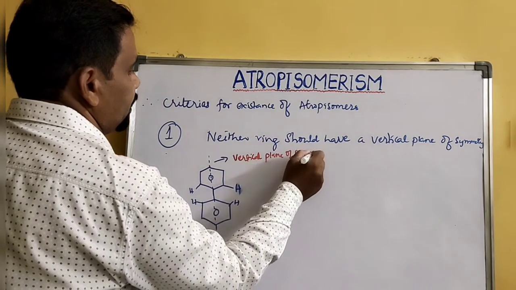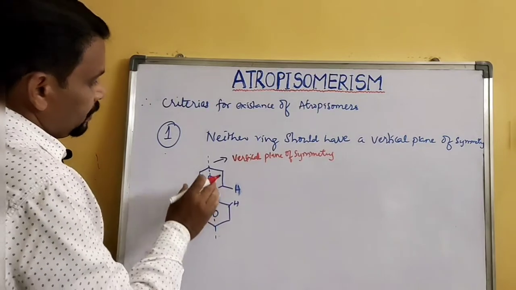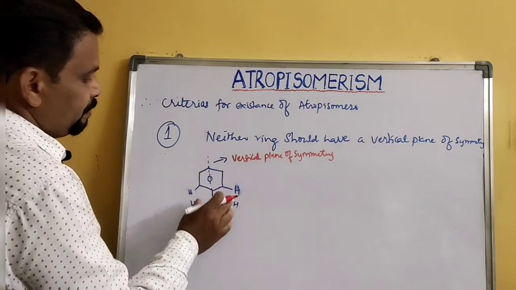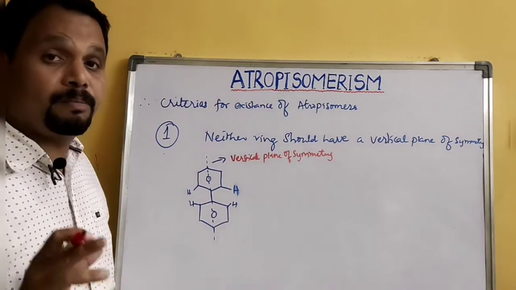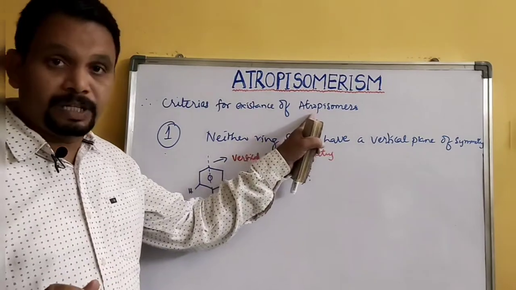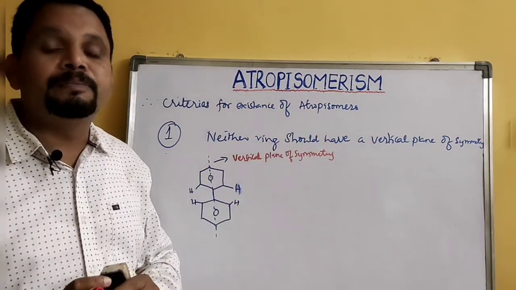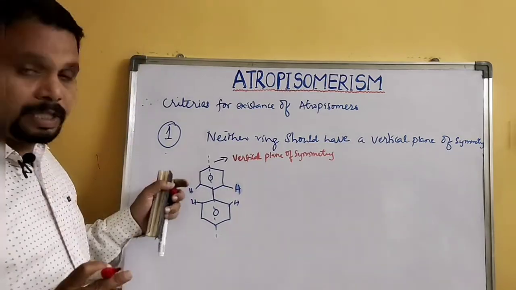If this kind of vertical plane of symmetry exists in a molecule, such molecules will not exhibit atropisomerism. They will not exist as atropisomers. Is it clear?